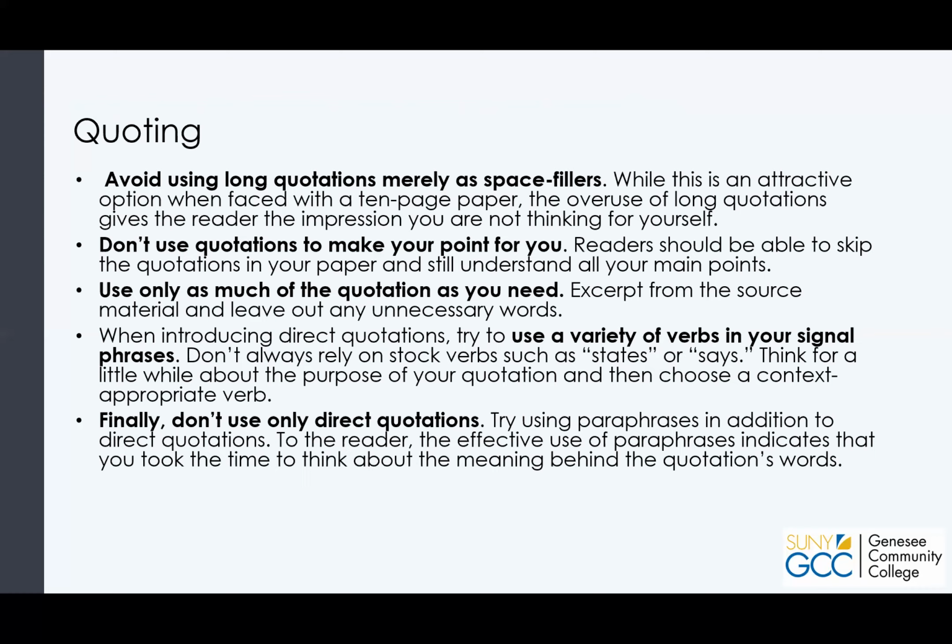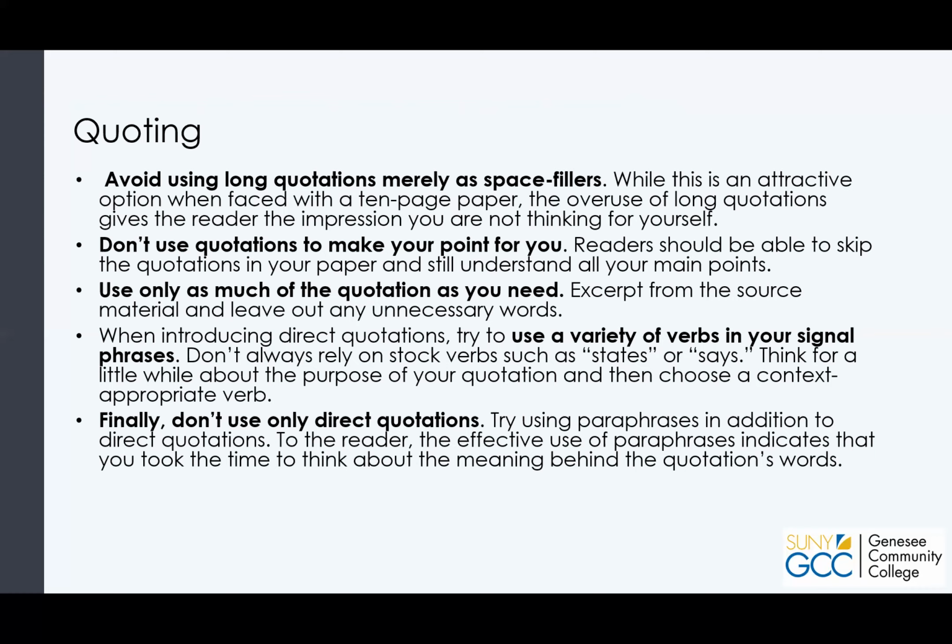Avoid using long quotations merely as space fillers. We all know it's an attractive option when faced with a 10, 20-page paper. The overuse of long quotations gives the reader the impression that you're not thinking for yourself. They look like space fillers when you use a sentence or two of your own thoughts and then throw in a quote, and then a sentence or two and throw in another quote. Don't do that. It undermines you as an authority.